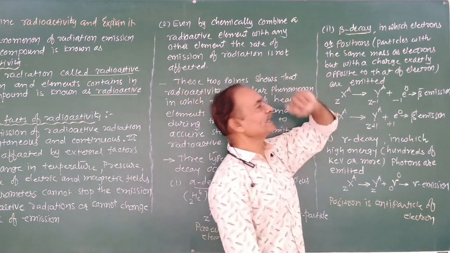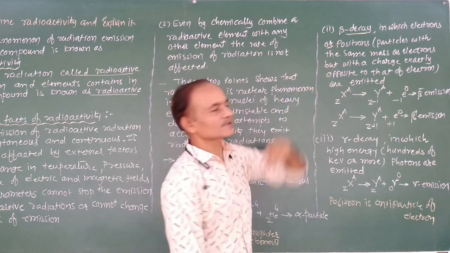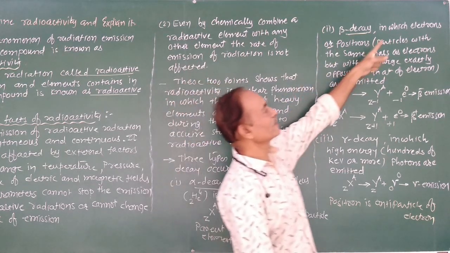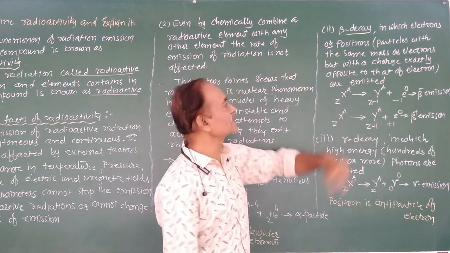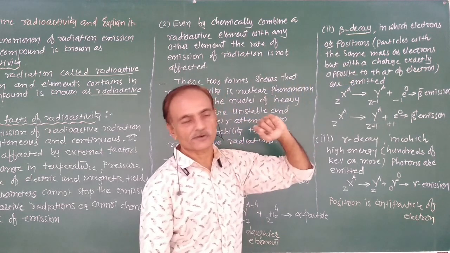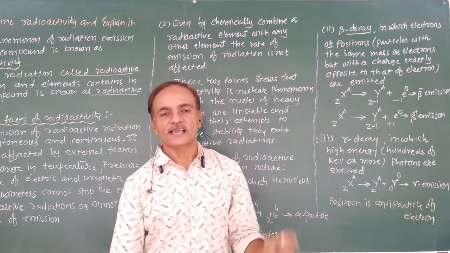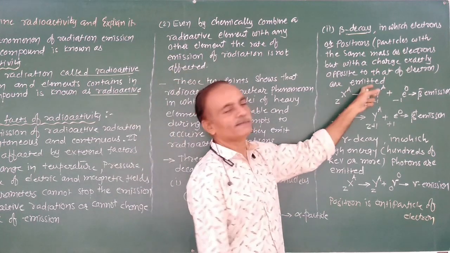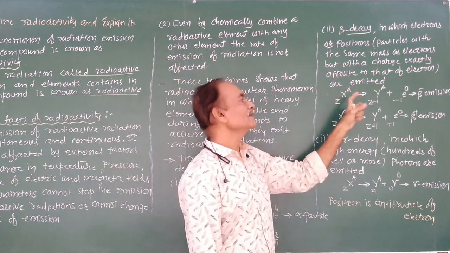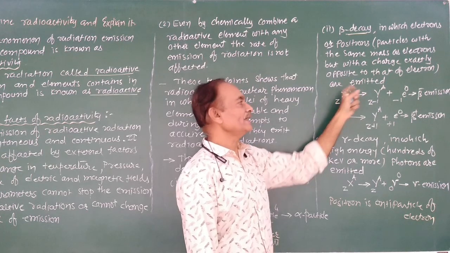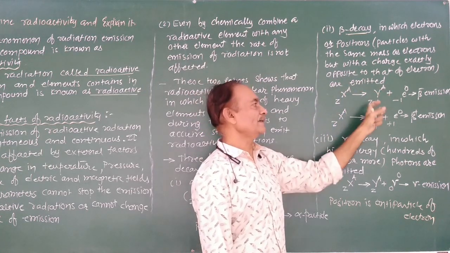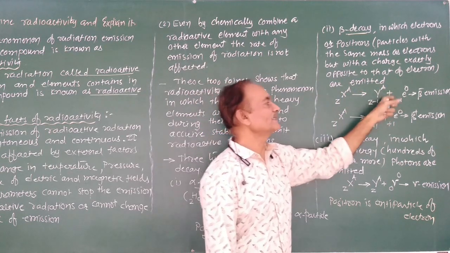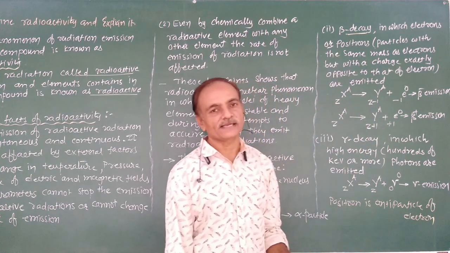Again, during the beta decay, electrons or positrons are emitted. Now here the parent element X(Z,A) converts to the daughter element Y(Z+1,A). At that time the electron, e with charge minus 1 and mass 0, is emitted.